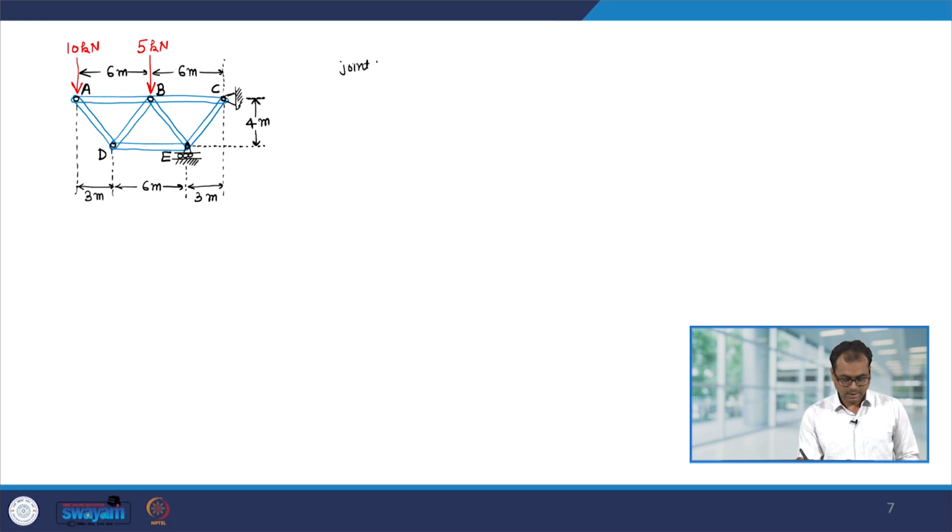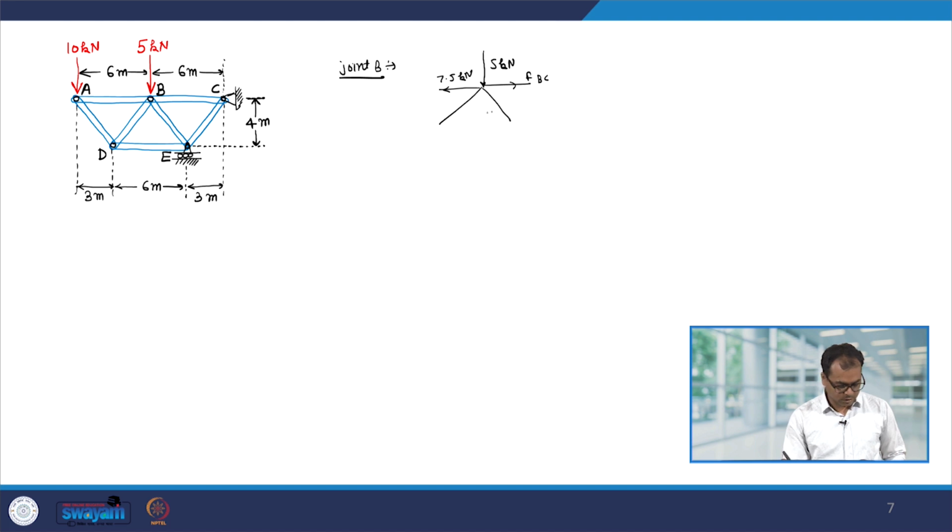So, now let us look at the next joint B. So, at B we have an external force of 5 kilonewton and then you have FBC and FBA which we have already calculated, this is 7.5 kilonewton, and then there are two forces FBD which we have calculated, this is 12.5 kilonewton, and then FBE.